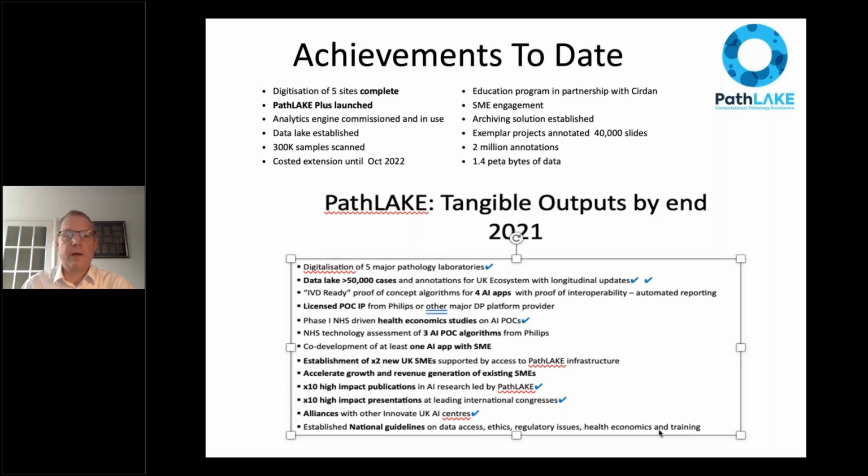And we're really into the phase of improving that data and developing partnerships with commercial bodies to take that work further forward to create products which can then be regulated and used on the market. For a number of reasons, our commercial partner Philips at the start of the project was planning to introduce a number of AI projects.